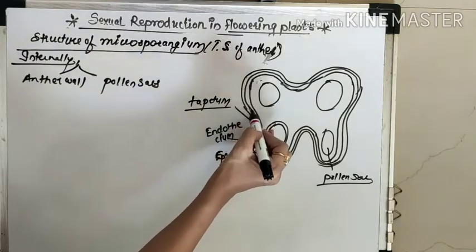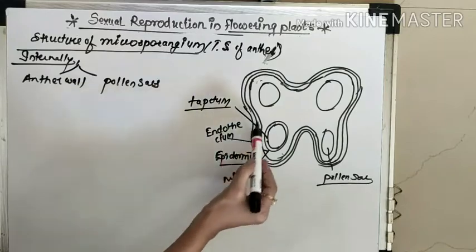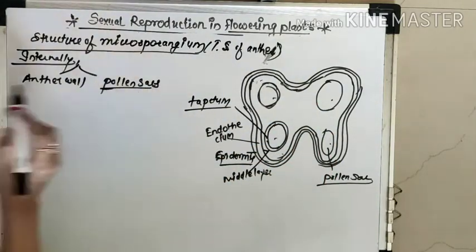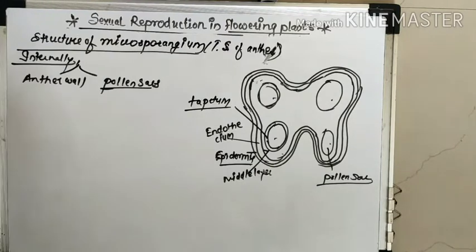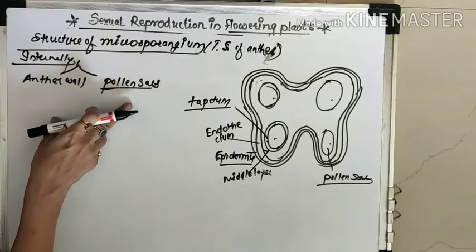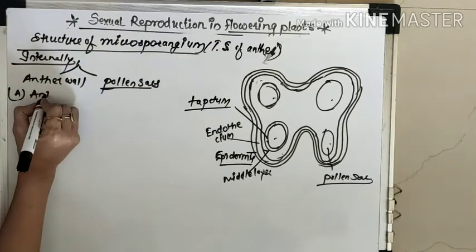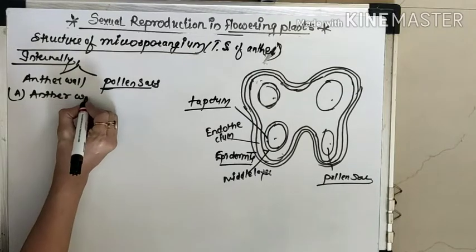You can see this layer is the anther wall, and these 4 rounded structures are called pollen sacs. So internally the anther shows anther wall and pollen sac. First we will see the anther wall.